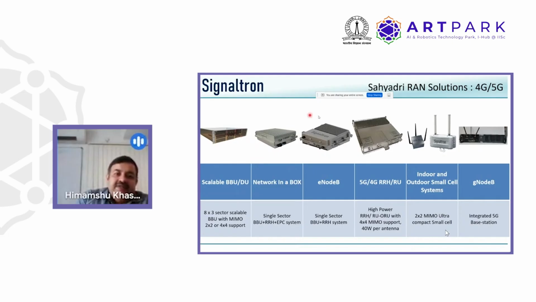Then it pairs with what you see here, the fourth block over here, which is a RRH/RU. RRH is the 4G radio, RU is the 5G radio. So we have this 4x4 40 watts per antenna kind of RRH/RU. So these two can complete a macro deployment for you.